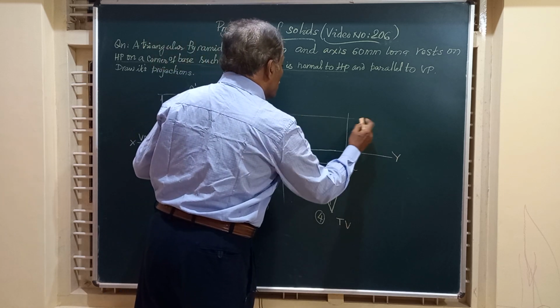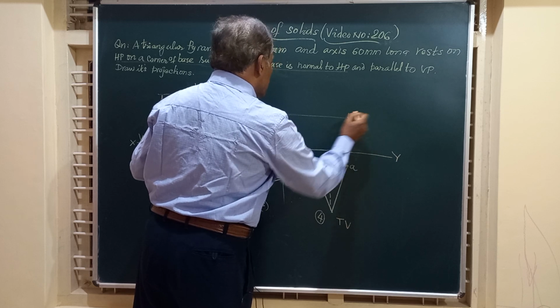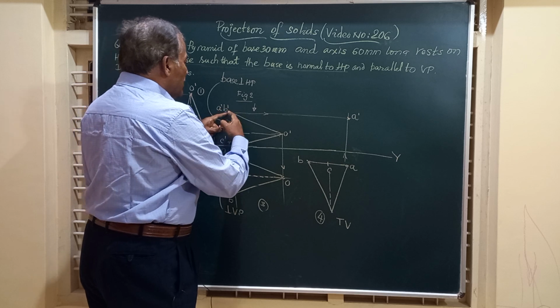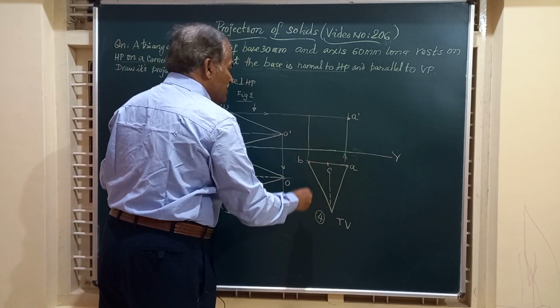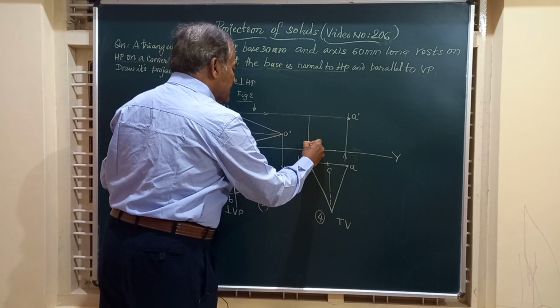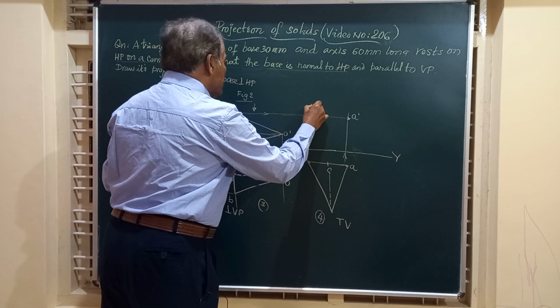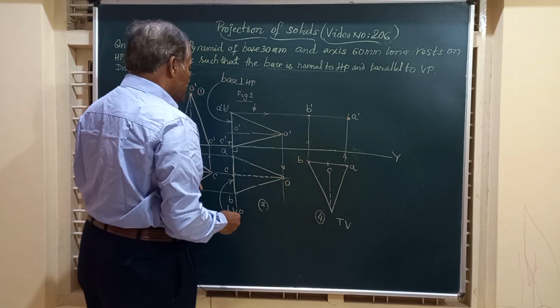The point where those two intersect will give you A dash. Likewise, friends, B is also on the same line. So draw a horizontal line from B dash, a vertical line from B. The point where those two intersect is the point B dash. So you have got A dash, B dash, one of the base edges of the solid.